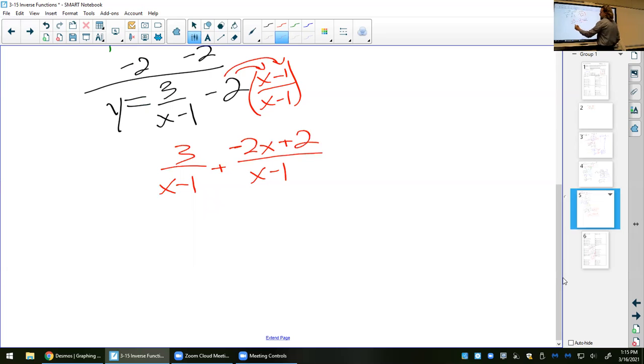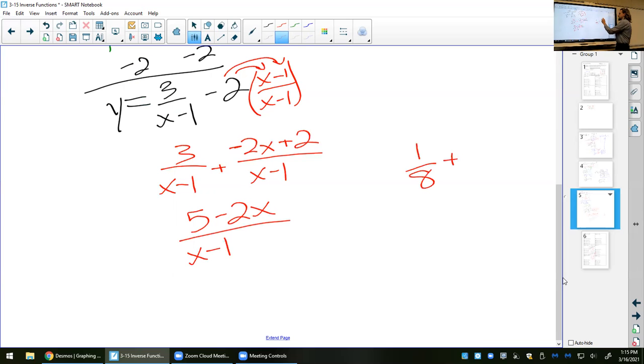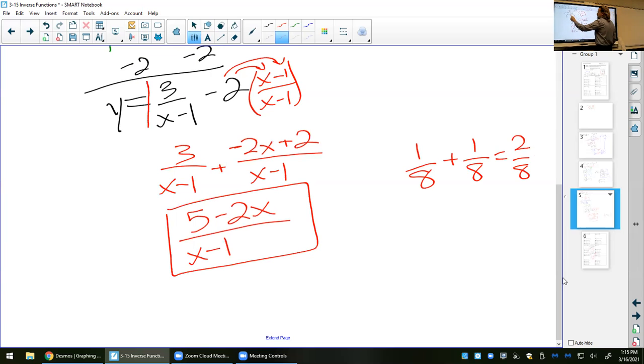So 3 plus 2 is 5, minus 2x, over, and then when you're adding fractions, the denominator doesn't change. Remember, 1/8 plus 1/8 is not 2/16, it is 2 over 8, right? The denominator stays the same throughout. So this answer here is equivalent to that answer there.